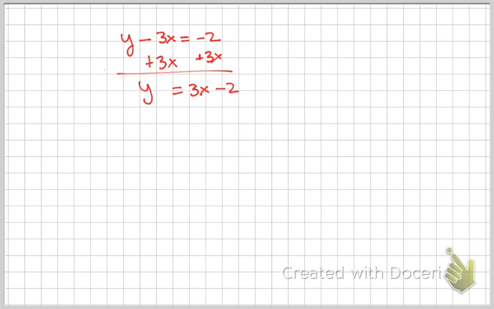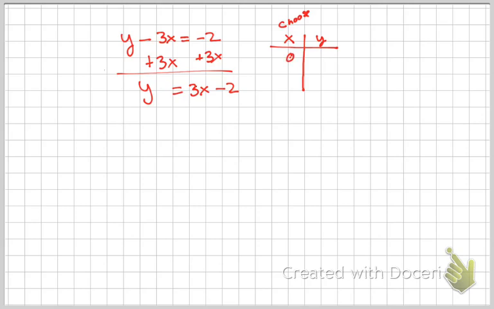Now, if I'm doing 3 solutions, I get to choose. Make yourself a little table, okay? And I'm going to choose my x's. I usually go with a negative, a positive, a 0, whatever. It doesn't matter.